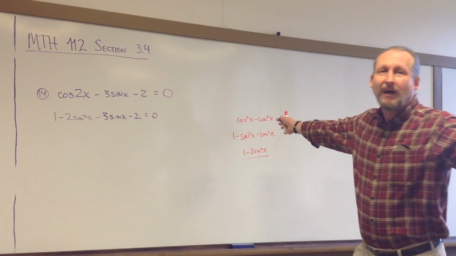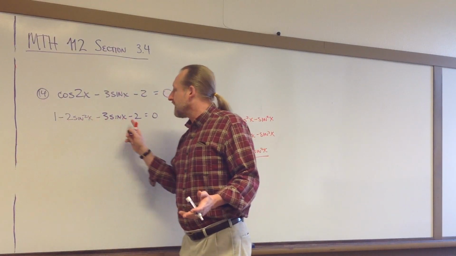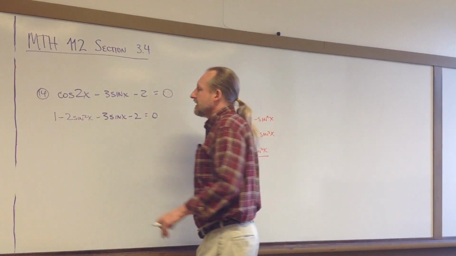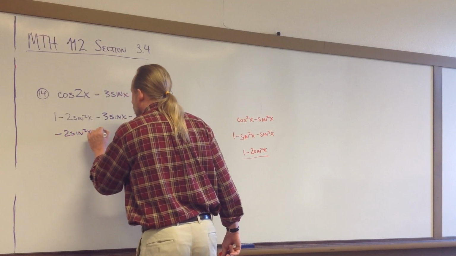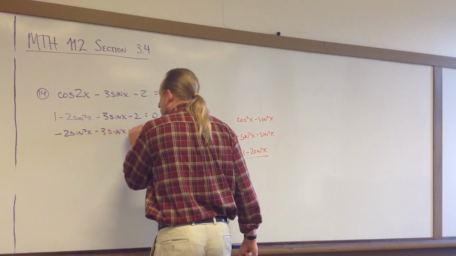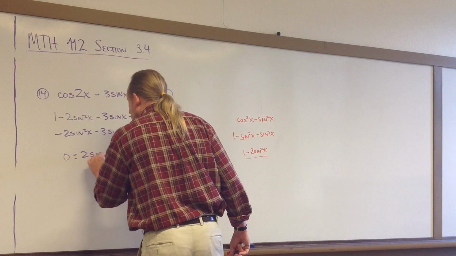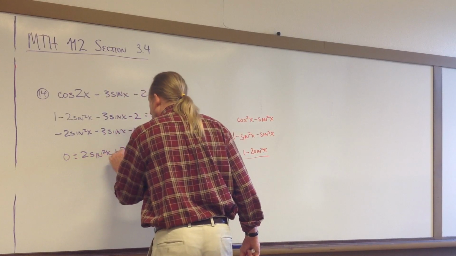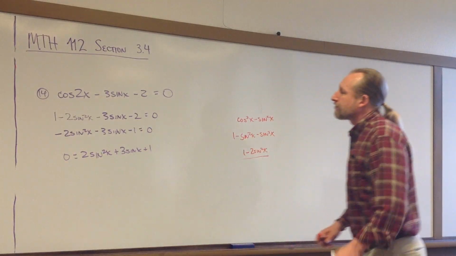I like to keep things positive. There's nothing wrong with having these negative coefficients, I just like to keep everything positive. So I'm going to move everything over to the other side. That'll be minus 1. So then we'll have 0 equals positive 2 sine squared x, positive 3 sine x, plus 1.